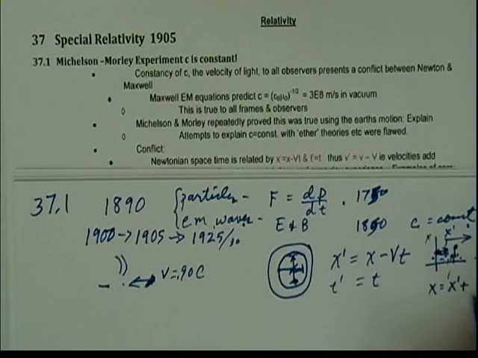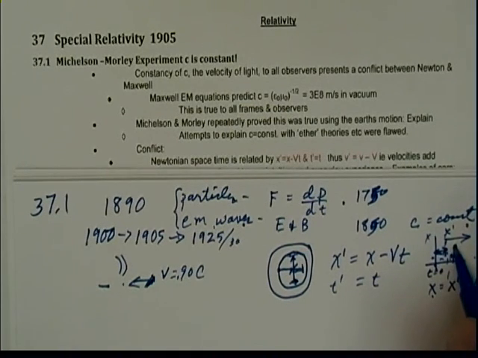Assuming the two frames were coincident originally, at t equal to 0, this distance would be velocity times time. And of course I've inverted this to solve for x' as x minus v times t.